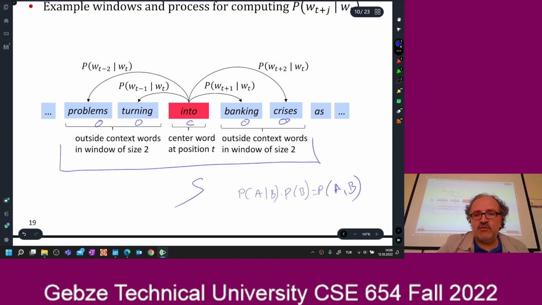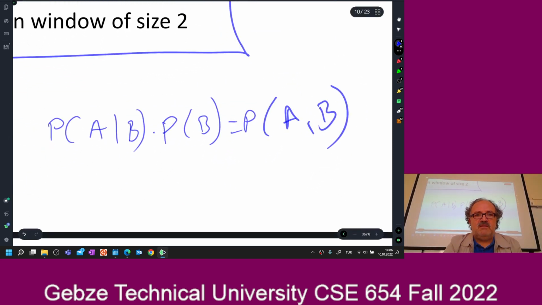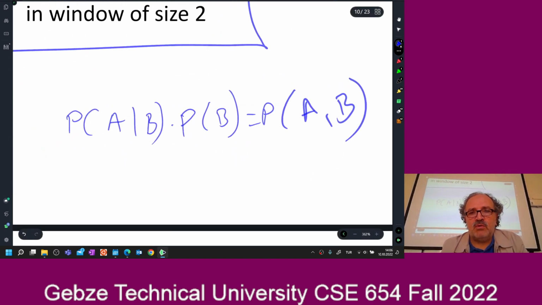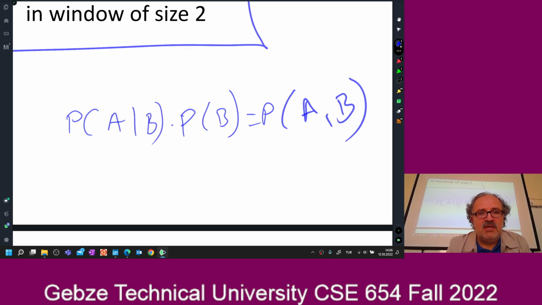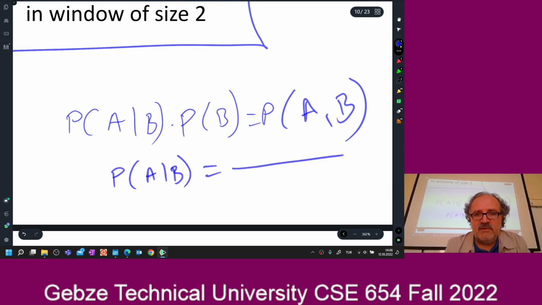That's the definition of conditional probability. Or I can write it this way: probability of A given B is equal to the probability of A and B happening together, divided by the probability of B.